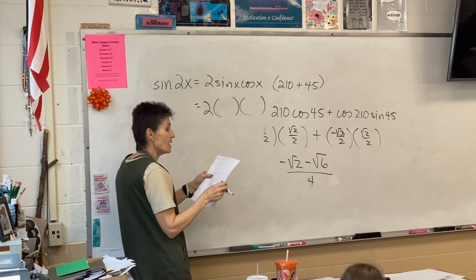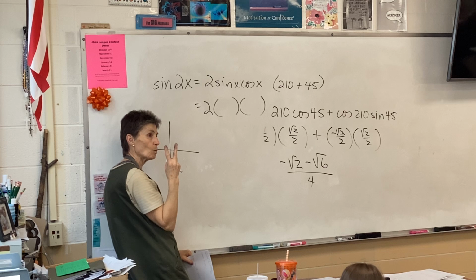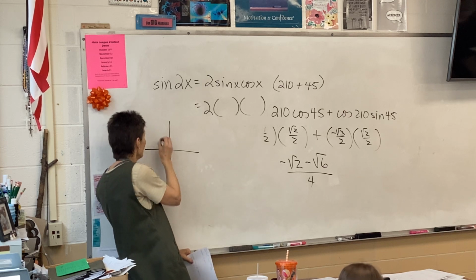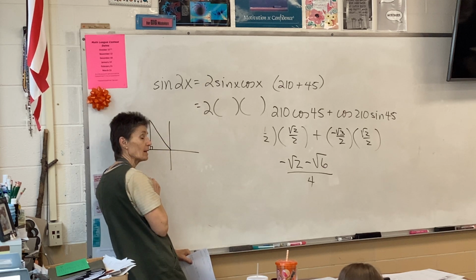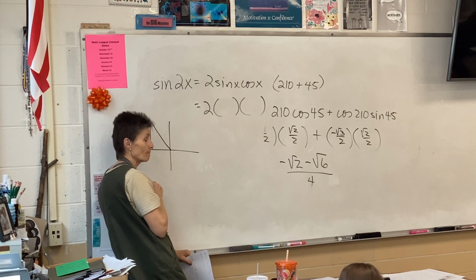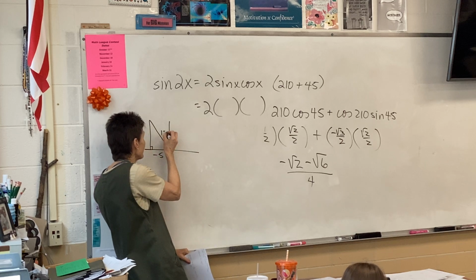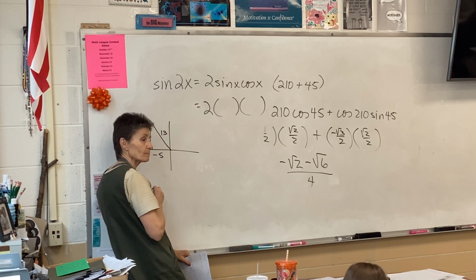Now, what do I know? I know that I am in quadrant 2. How do I know that? 90 to 180. And I know that the cosine is negative 5/13. Tells me in the problem.